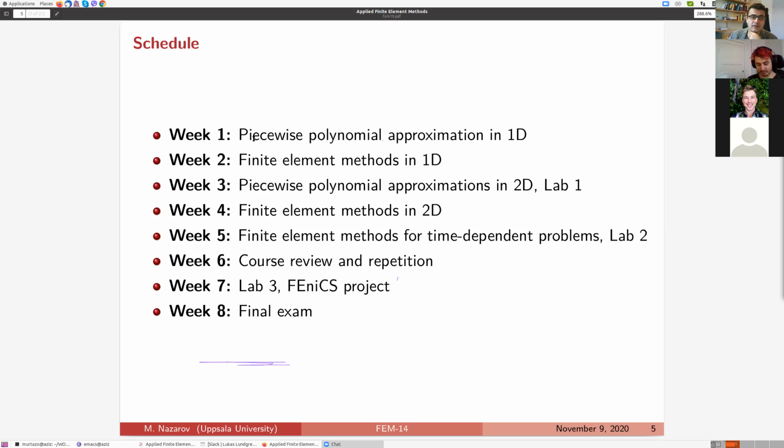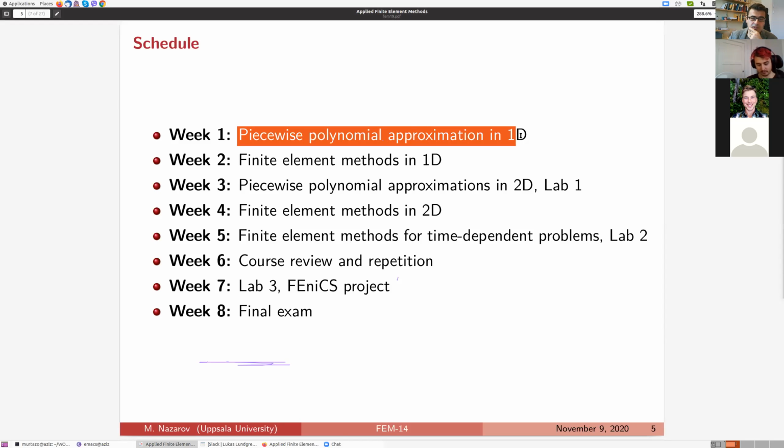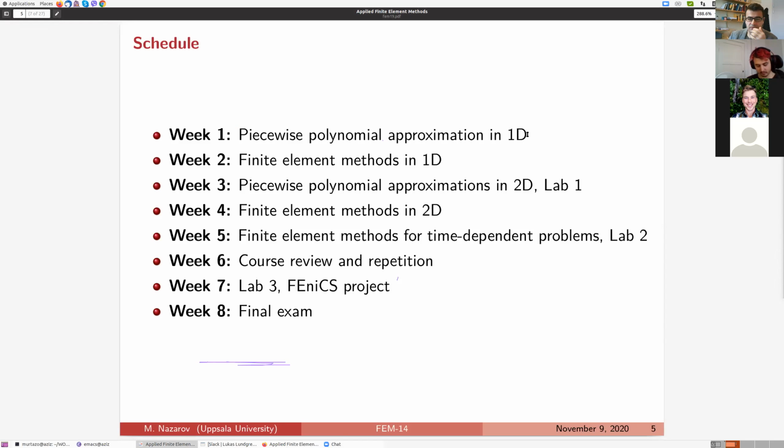All right, so this is a preliminary weekly schedule. What we are going to learn, we start with piecewise polynomial approximation in 1D. Our continuous solution, let's say in 1D, is going to be some kind of function. In the finite element method, we are not approximating at discrete points like in a finite difference scheme.